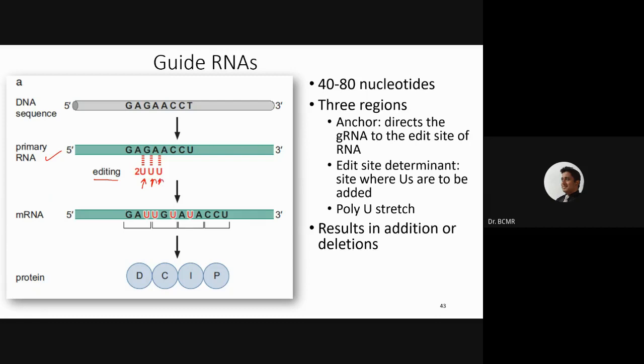The original sequence is the one written in black, and now you have 4 uridines added into the mRNA, and the reading frame has changed. Previously, you can consider the reading frame to be something like this, GAA, and these are 2 different codons. But because 2 uridines are added in this location, now the reading frame has changed from here to here.